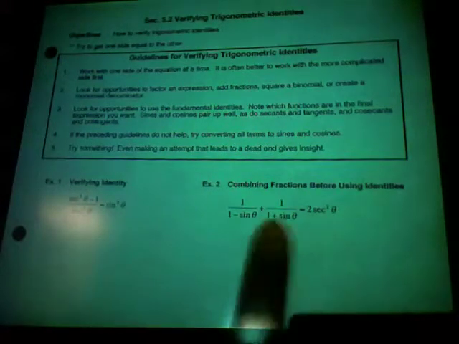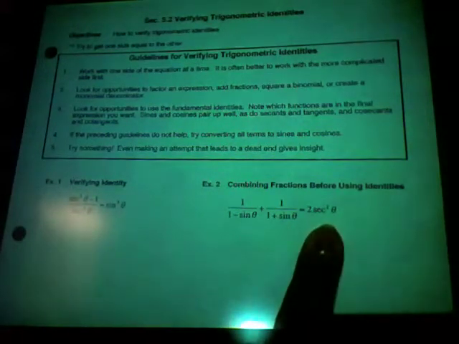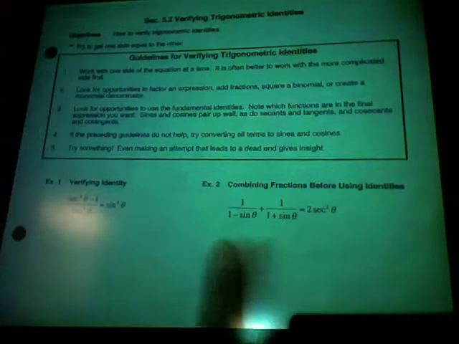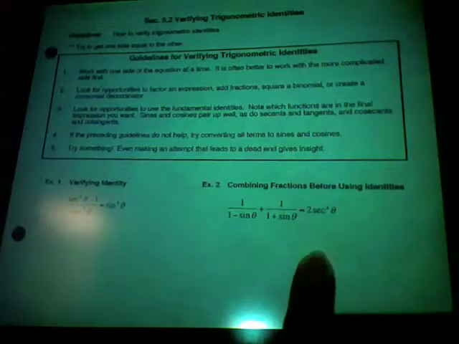I could even, if I had, what is the inverse of secant? Okay, so if I end up with cosine over here, or like 1 over cosine over here, I could change the secant into 1 over cosine. So it's possible. I'd rather you didn't. I'd rather you keep it secant rather than cosine.